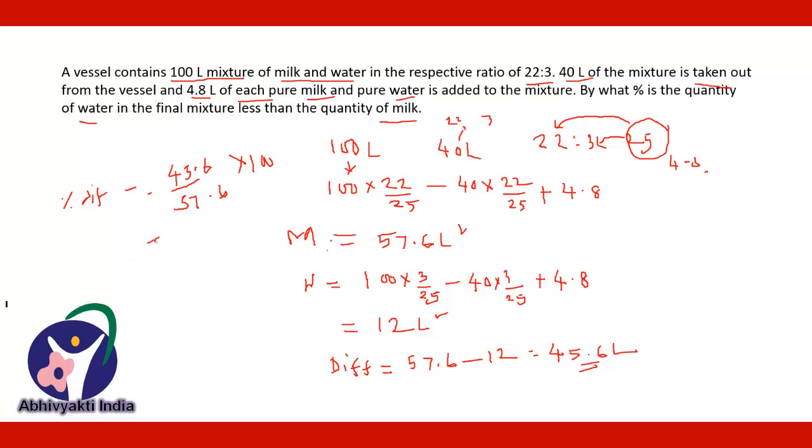So that is equal to 79 and 1/8 percent, and therefore 79 and 1/8% is the quantity by which the water in the final mixture is less than the quantity of milk.